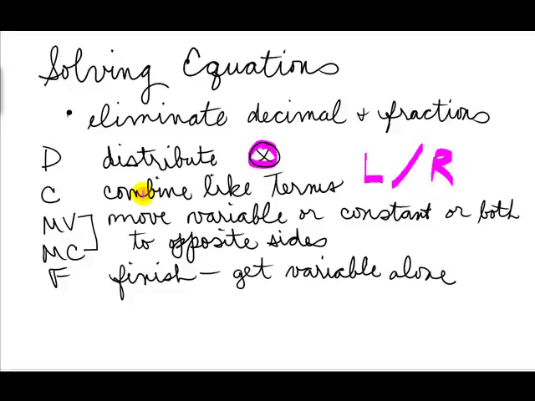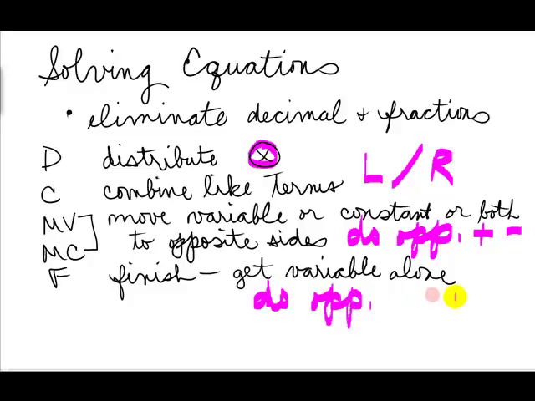The moving involves, we want to do the opposite, that inverse, and we will be adding or subtracting. The finishing I'm going to get the variable alone. Again, we're going to do the opposite, the inverse, but this time we'll either be dividing or multiplying.